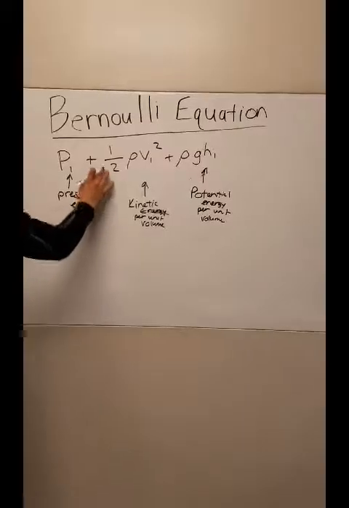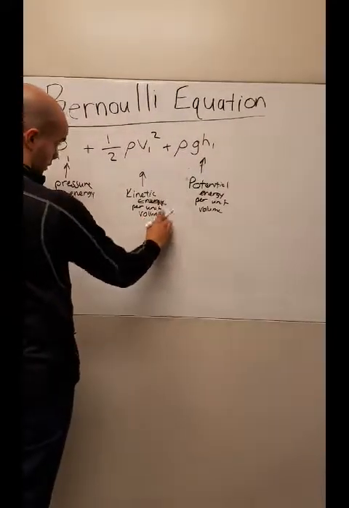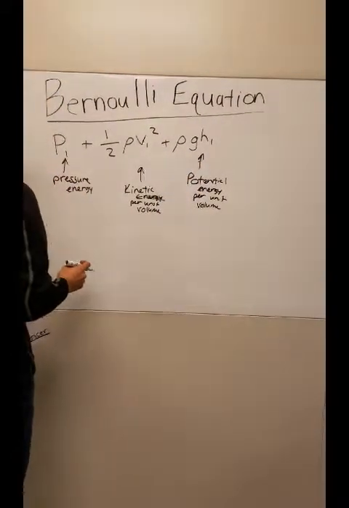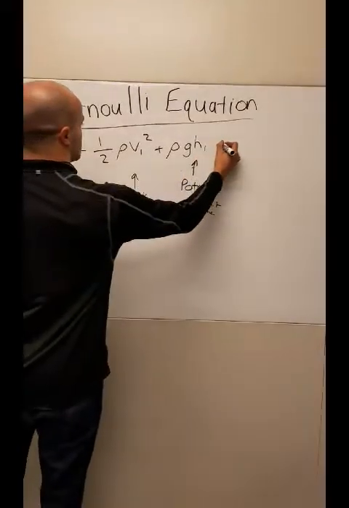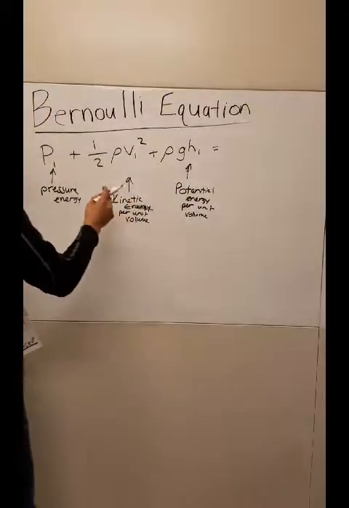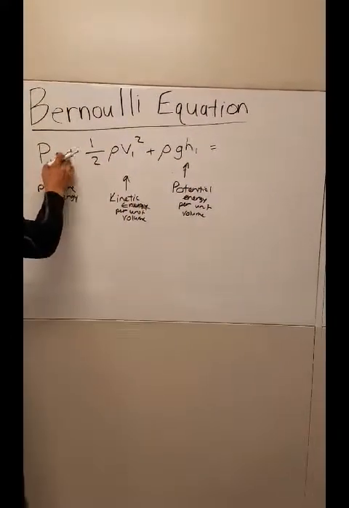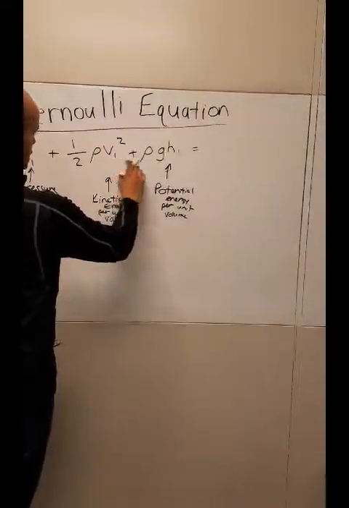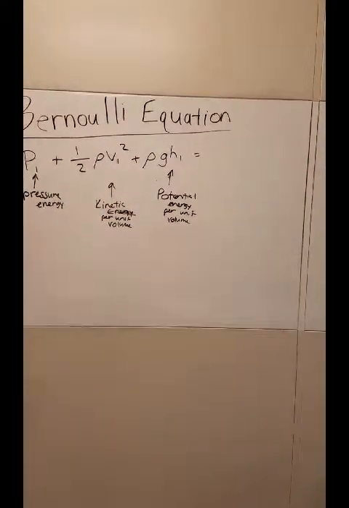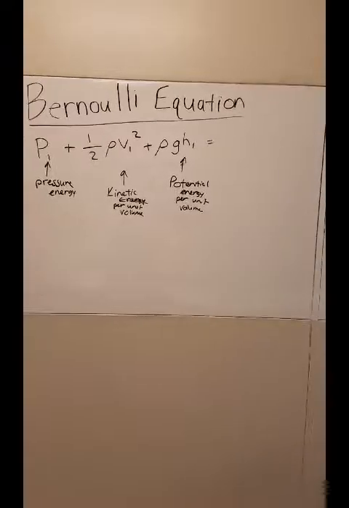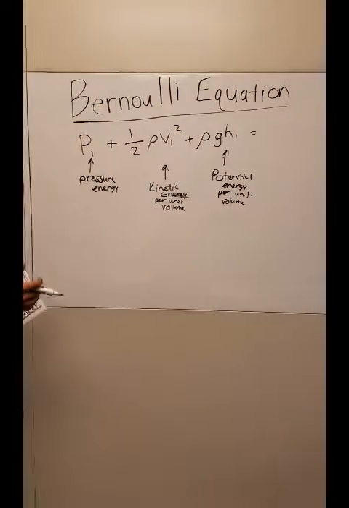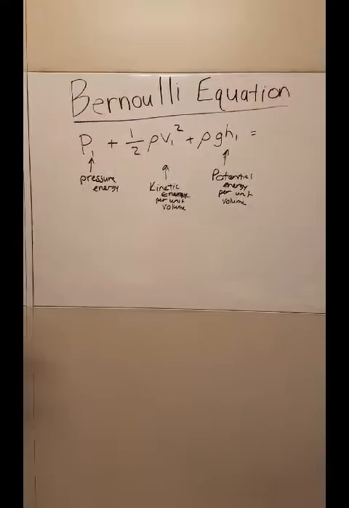So you have your pressure energy plus your kinetic energy plus the potential energy per unit volume is equal to the same thing, but instead of P1 it'll be P2, instead of V1 it'll be V2, and H1 will be H2. And that satisfies the idea that the energy per unit volume before is equal to the energy per unit volume after.